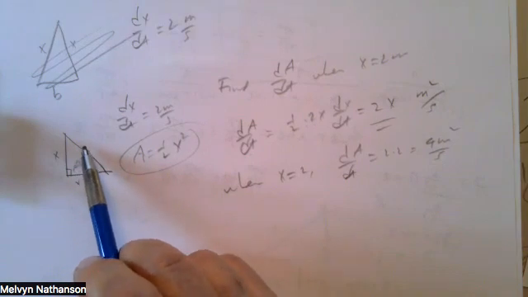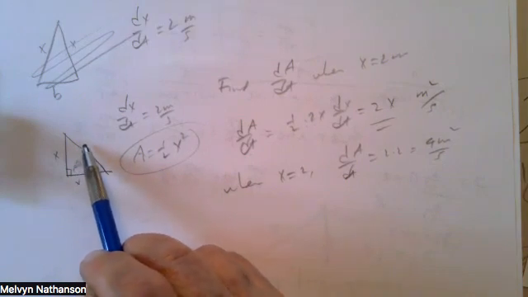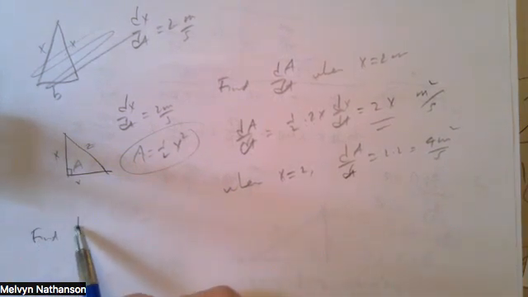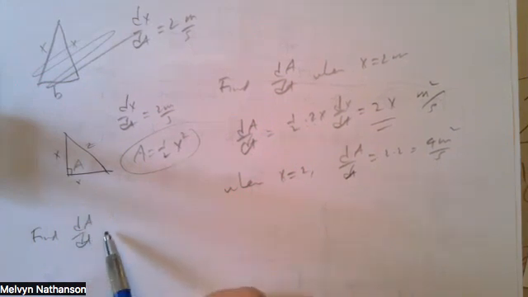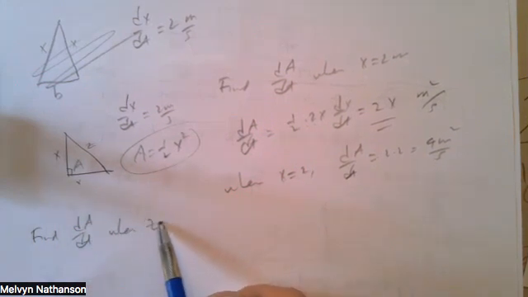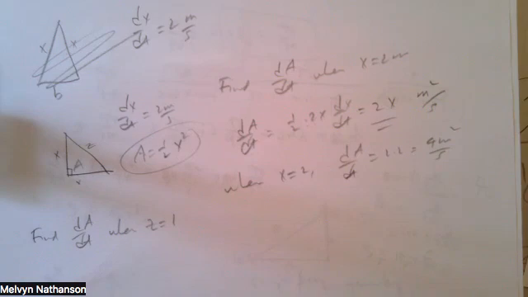Suppose I call this hypotenuse, no, I'll call it Z, why not? Find dA/dt, the rate at which the area is changing, when Z is equal to 1. So when the hypotenuse of the triangle is 1 meter long, how rapidly is the area increasing?